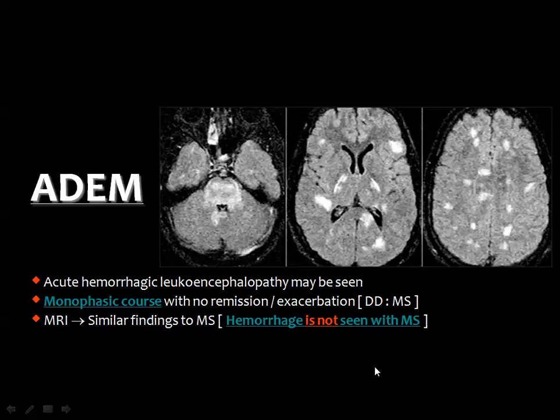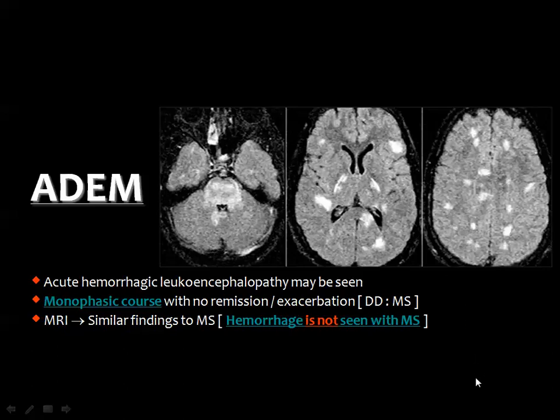And sometimes these lesions may show a hemorrhage, and this FLAIR image is showing affection of the brainstem and multiple lesions which are deeply seated as well as superficially located in the subcortical white matter.